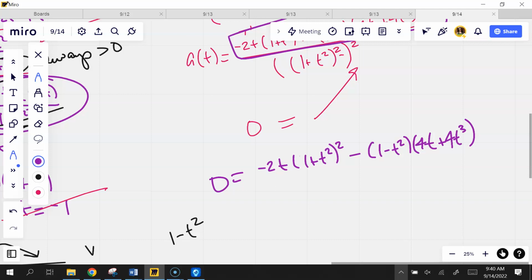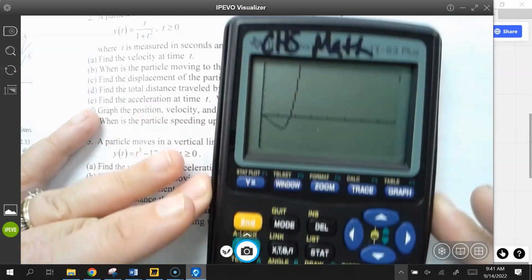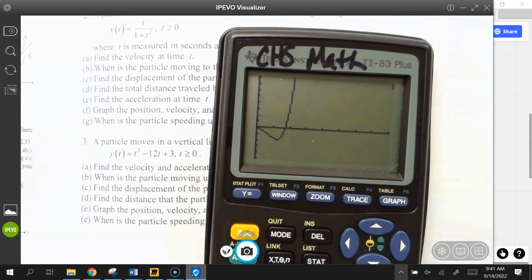Let's look at it. 1 minus x squared, 4x. I only see it crossing one time on mine.